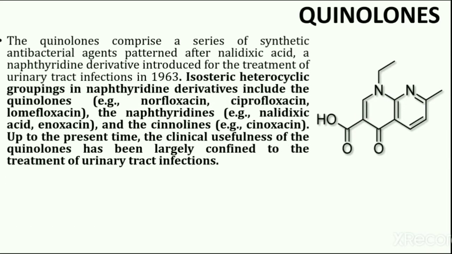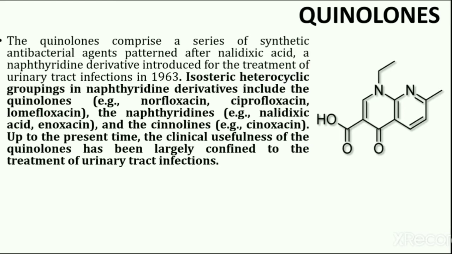Quinolones are members of a large group of broad-spectrum bactericidals that share a bicyclic core structure related to the compound 4-quinolone. Nalidixic acid was the first quinolone, a naphthyridine derivative, introduced for the treatment of urinary tract infections in 1963.